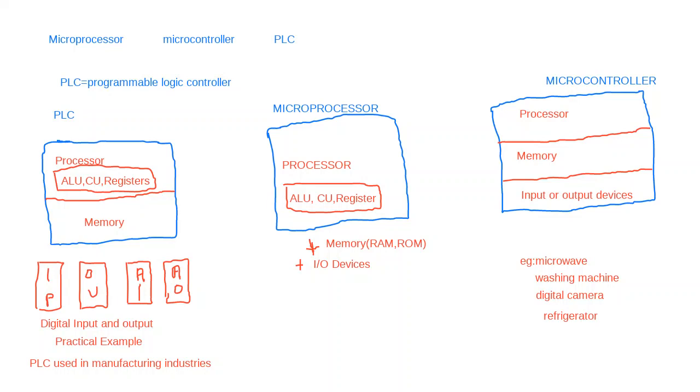Okay, and now students, examples based on microprocessor. Anyone? Yes, examples of microprocessor. Okay, first is mobile. All right, Harsh Bhagat is right. Mobile.